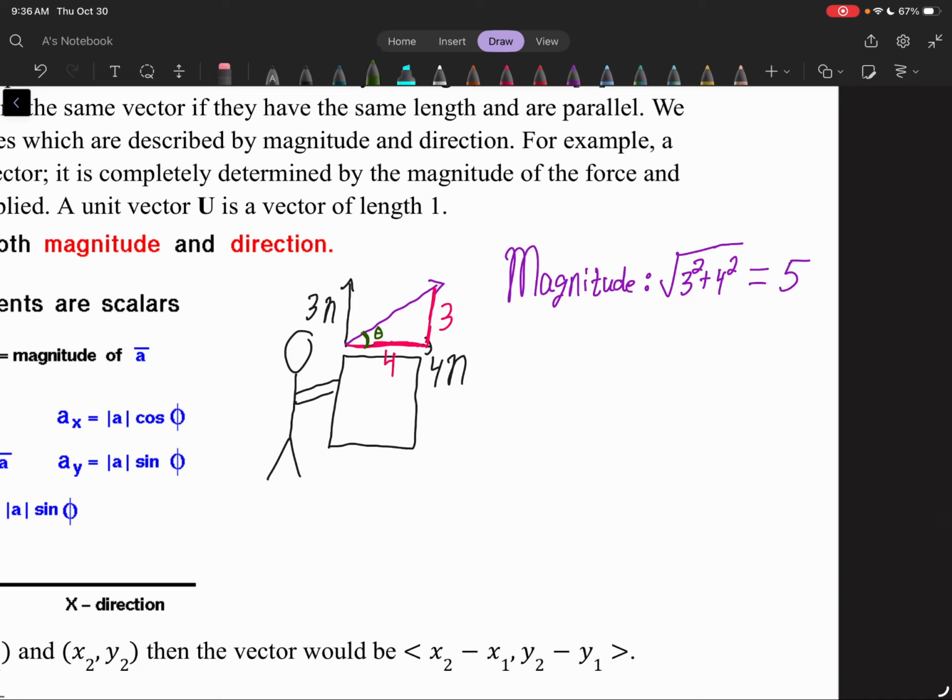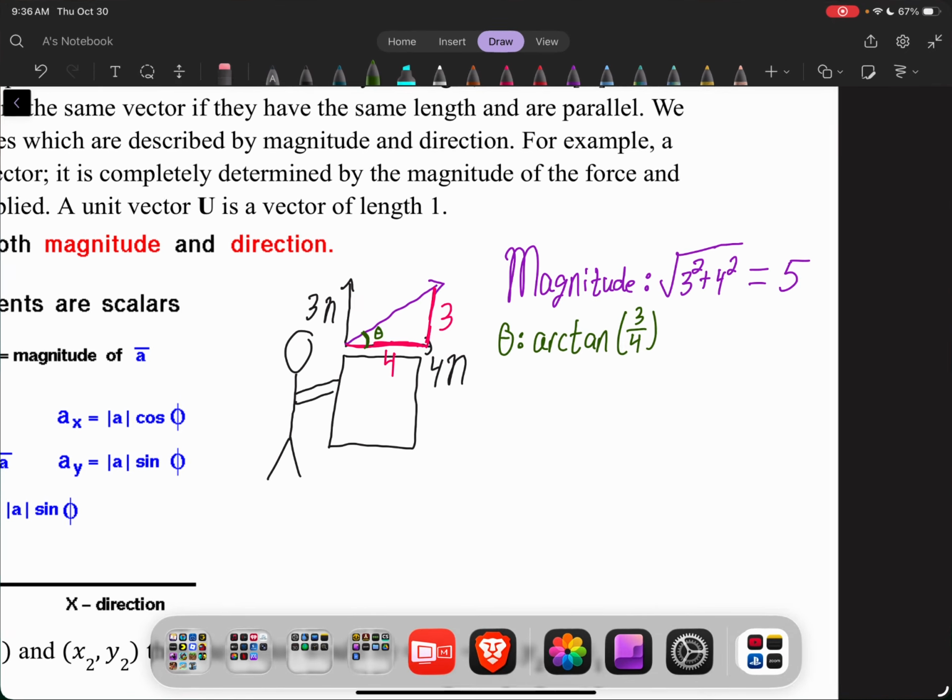If I'm looking for this direction, I need to find arctangent, opposite over adjacent. Now keep in mind this is in degrees.